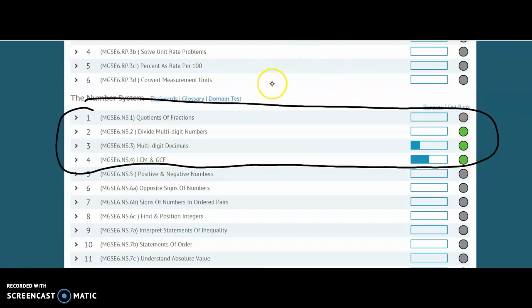If you are looking at it, you're wanting to find out what your grade would be. Each green dot is worth 25 points. All right, each green dot is worth 25 points. So as of right now, this student has 25 plus 25 plus 25. That adds up to a total of 75. So as of right now, he has a 75%.